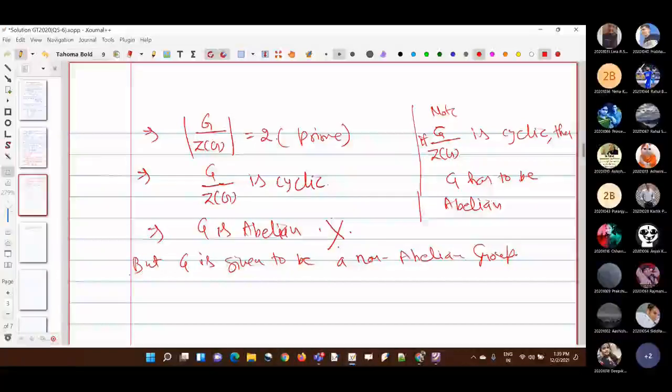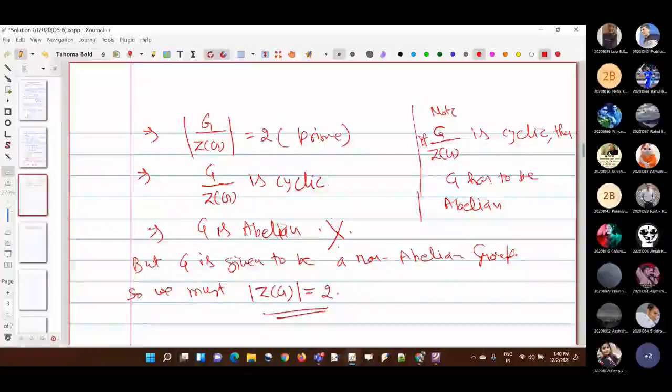So our assumption is wrong, and we must have the order of the center of G equal to 2.